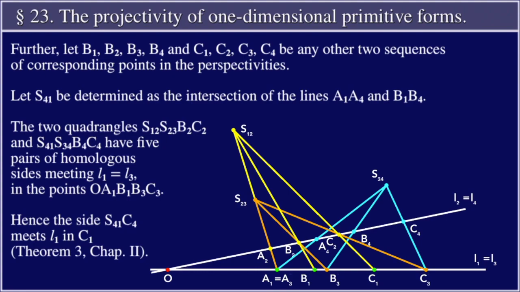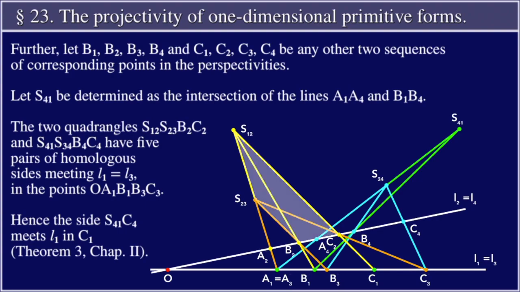Further, let B1, B2, B3, B4, and C1, C2, C3, and C4 be any other two sequences of corresponding points in the perspectivities. Let S41 be determined as the intersection of the lines A1A4 and B1B4.